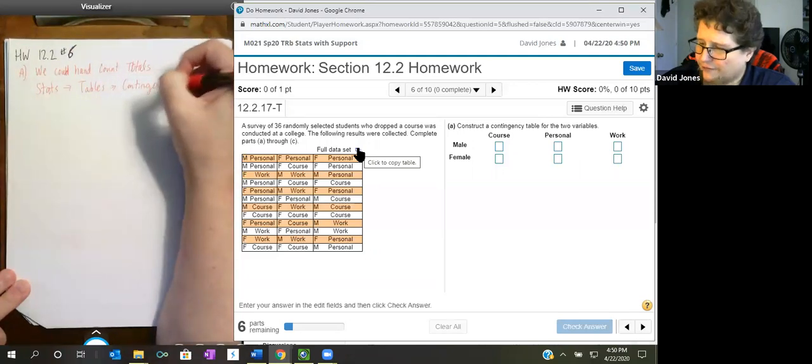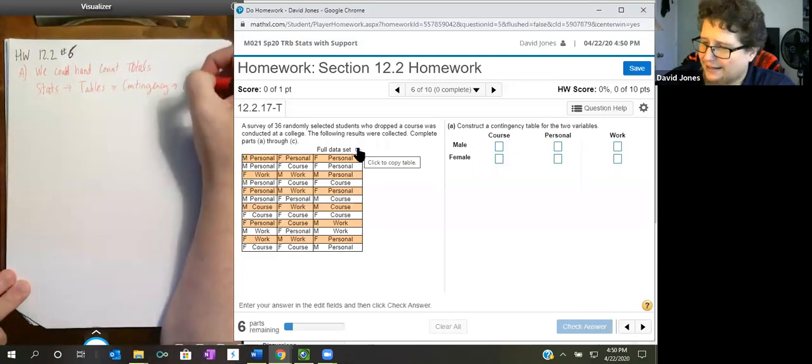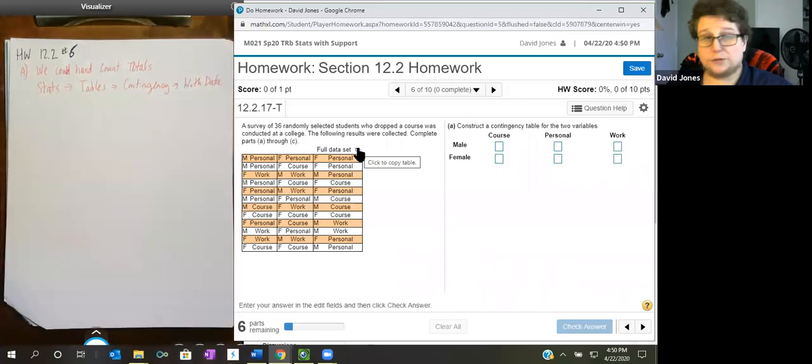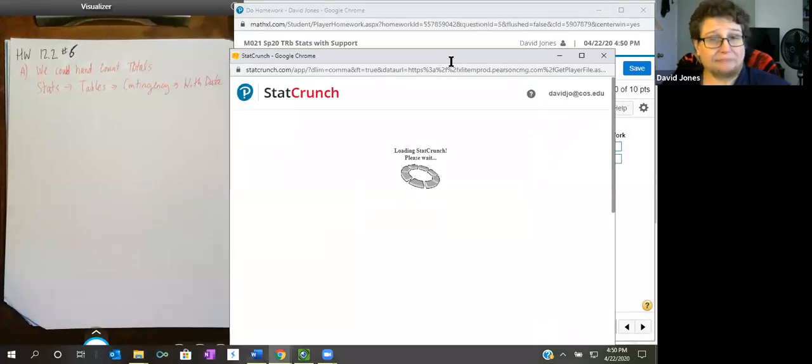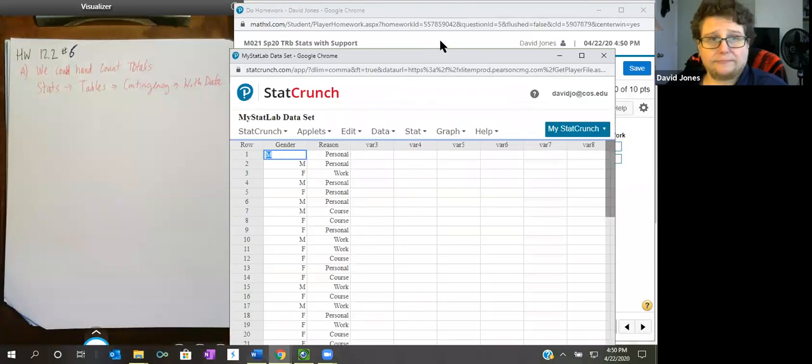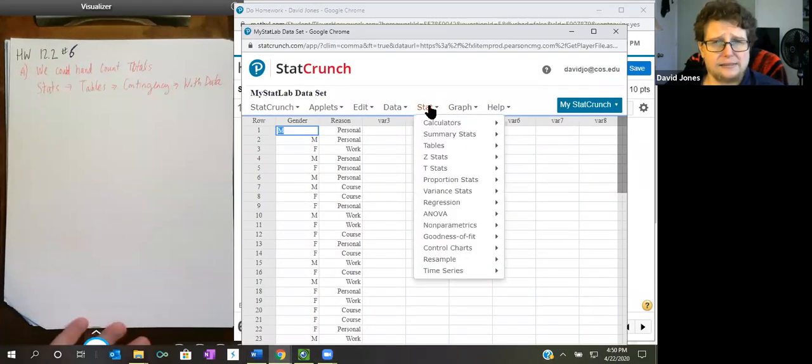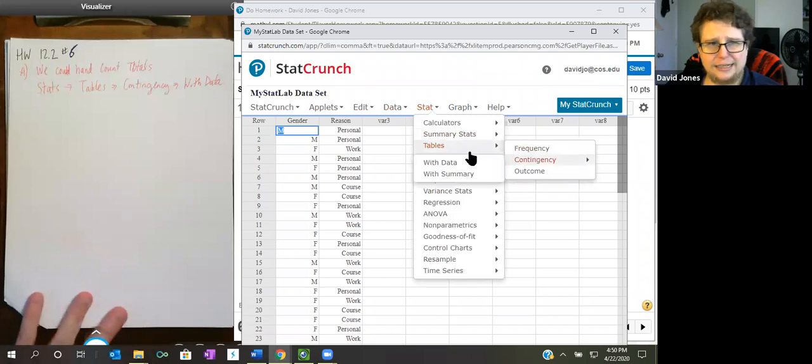And this is one of the few times we're going to have with data. We don't have a summary of the values. We have each person's response. Stats, Tables, Contingency with data.